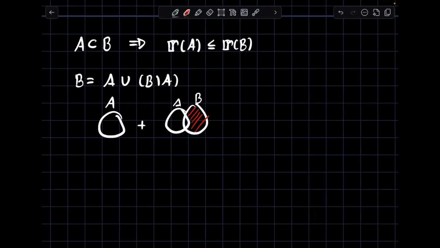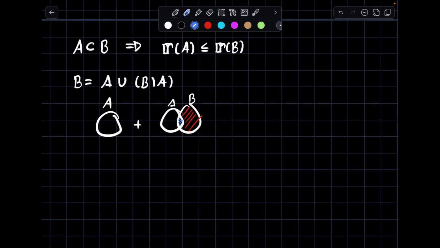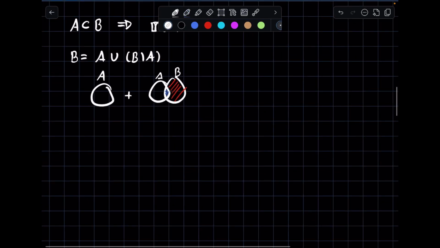So the union of these two is going to give us B, simply put. So the little section that we're missing is going to be given by this union. So, simply put, it's really not that difficult.